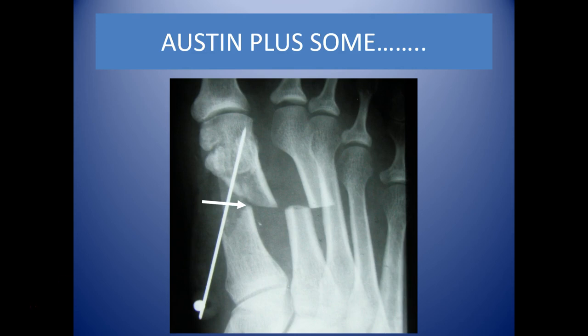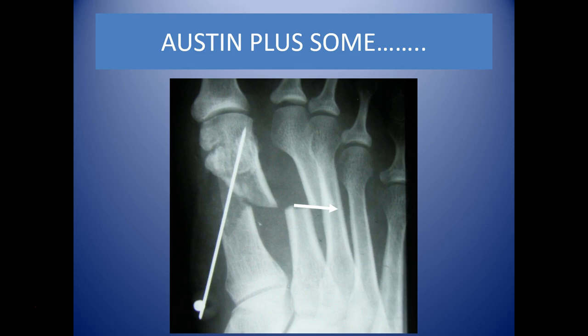Here's a case where a doctor had hired a young associate to do surgery for him. And the patient and the doctor were at the surgery center. The young doctor called in sick. The older doctor said, I've seen enough of these. I think I could do this myself. And he did an Austin bunionectomy and inadvertently cut entirely through the second metatarsal. No intraoperative x-rays were taken, and this was not recognized until the patient made it back to the office, and this was the first post-op x-ray in the office.